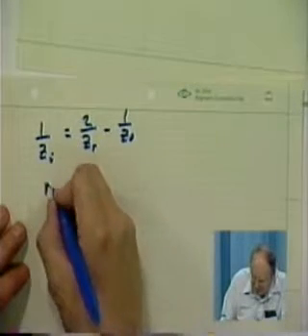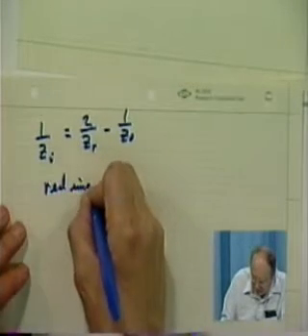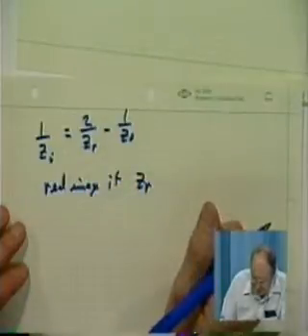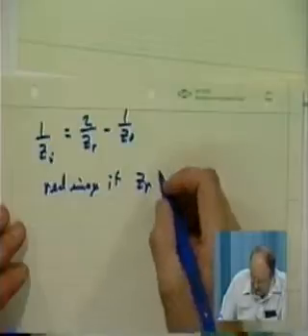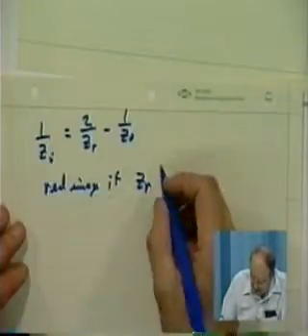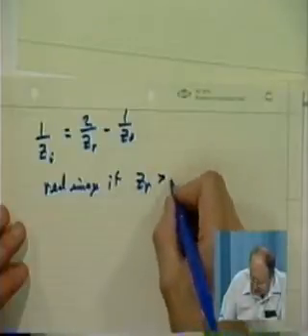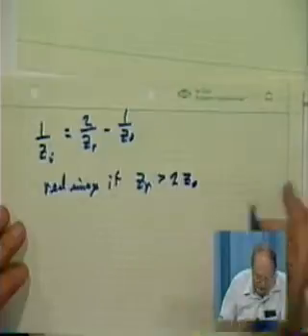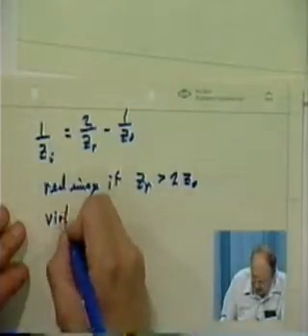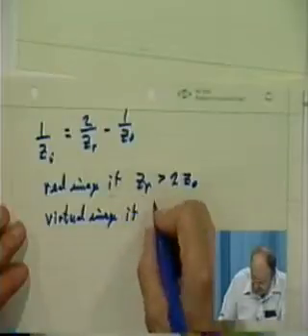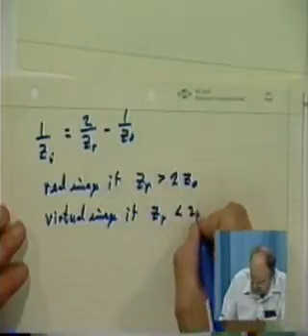And this will be a real image if z sub r is greater than 2 z naught, and a virtual image if z sub r is less than 2 z naught.